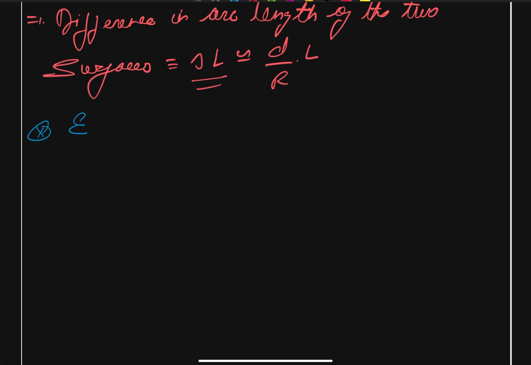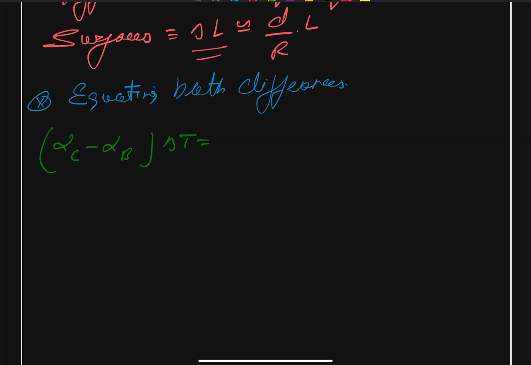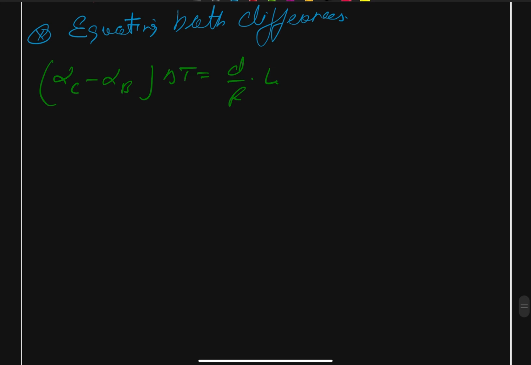So equating both differences, we can write that our (alpha C minus alpha B) delta T is equal to d upon R times L, and we can say that our R is equal to d upon (alpha C minus alpha B) times delta T.